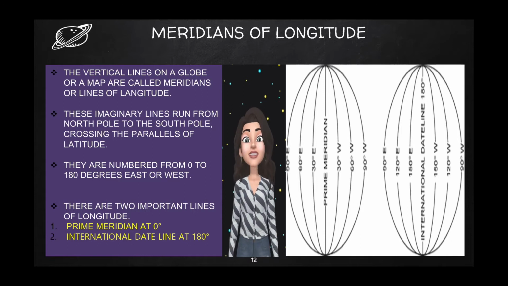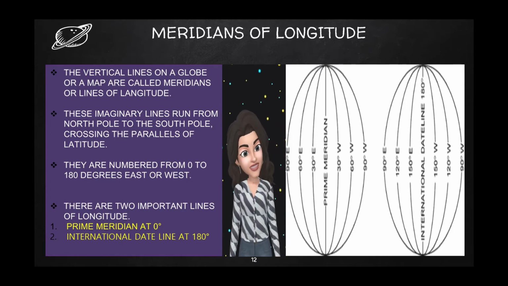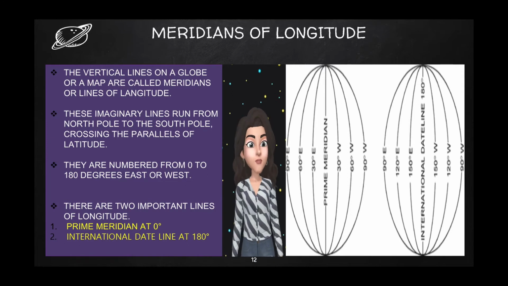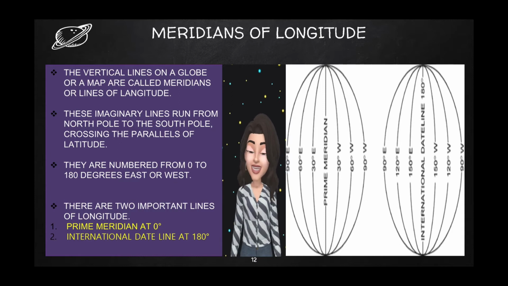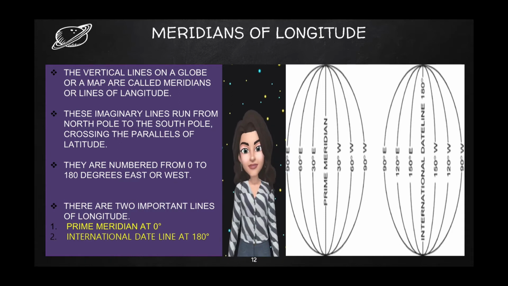These imaginary lines run from the North Pole to the South Pole, crossing the parallels of latitude. They are numbered from 0 to 180 degree east or west. Some important lines of longitude are the prime meridian at 0 degree and the international date line at 180 degree.